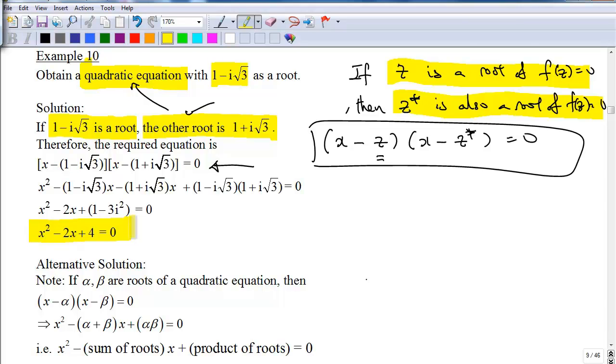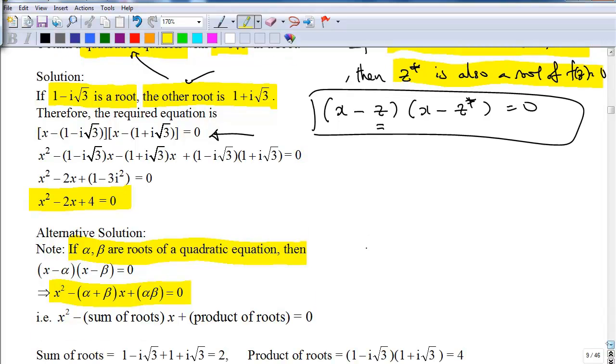Now there's an alternative method that you may have learned last time. The alternative method is to use this relation. If alpha, beta are roots of a quadratic equation, then you know that the equation can be formed using this rule: x squared minus the sum of roots x plus the product of roots equals 0.